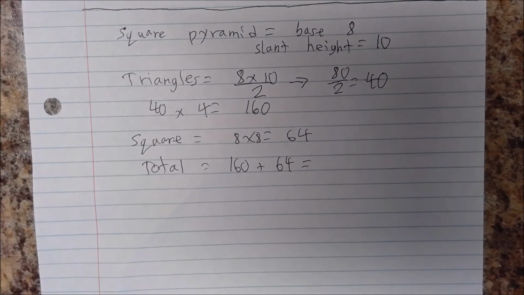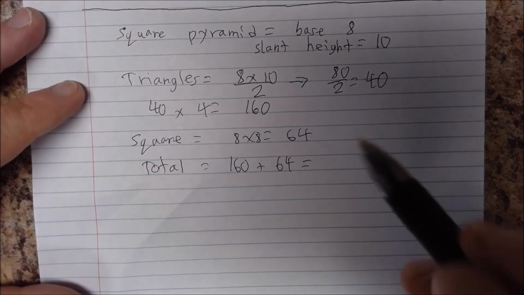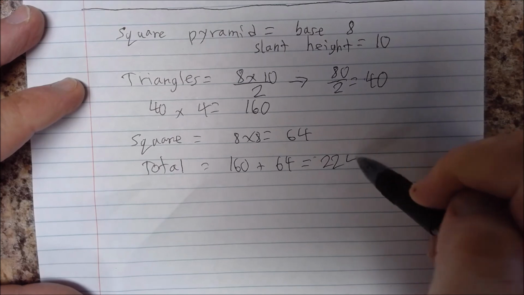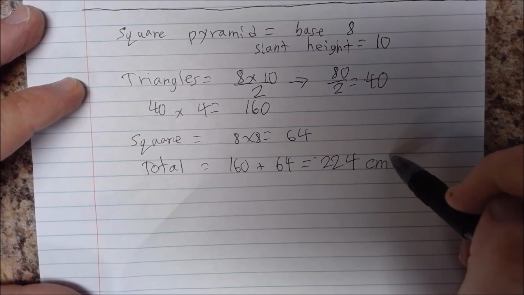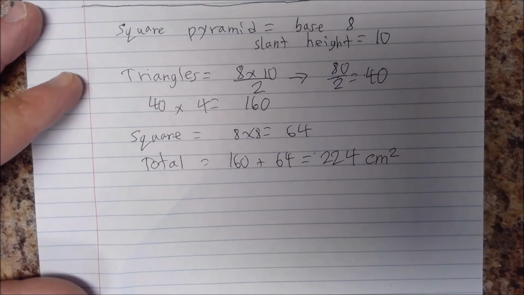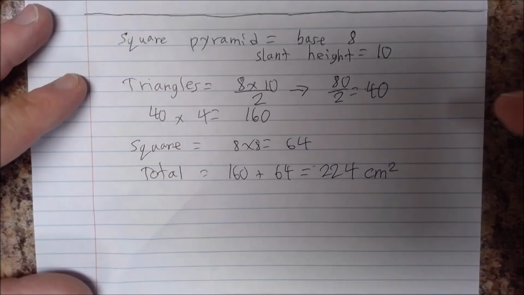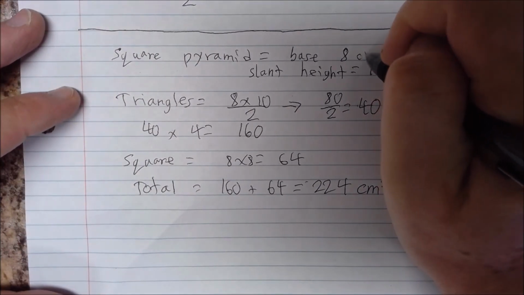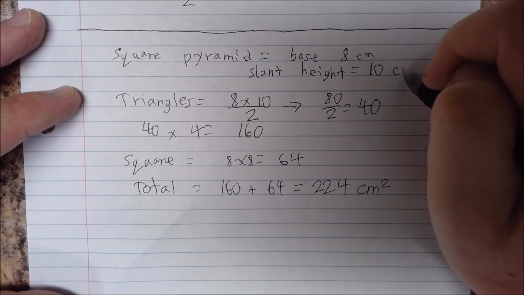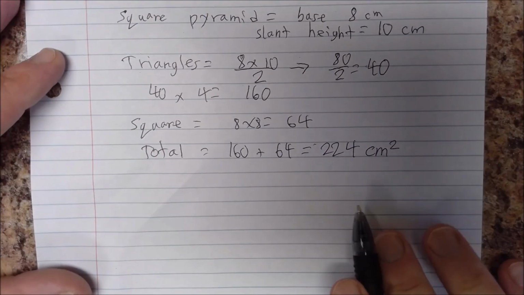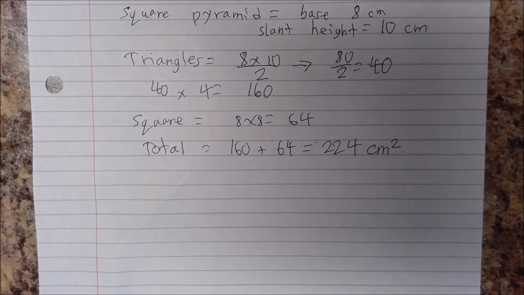So 60 add 60 is 120, right? So that becomes 224 square centimeters. Centimeter squared, because the original measurements up here were in centimeters. 224 square centimeters is this example.